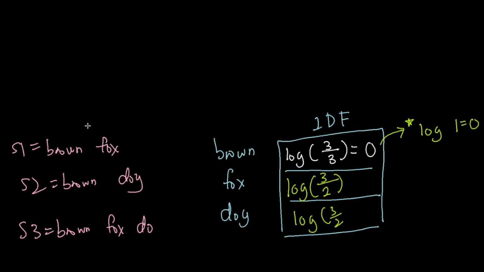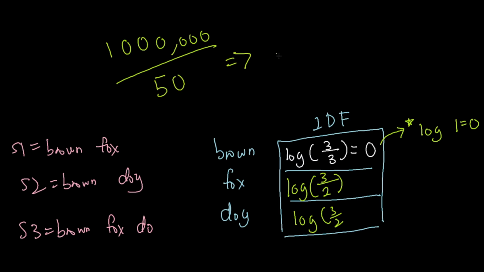And also, something I mentioned about the log dampening the values. That would mean that if we were to have a very large document with a lot of sentences, let's say a million sentences, and the word appears in maybe 50 of the sentences, this would give us a very large value.